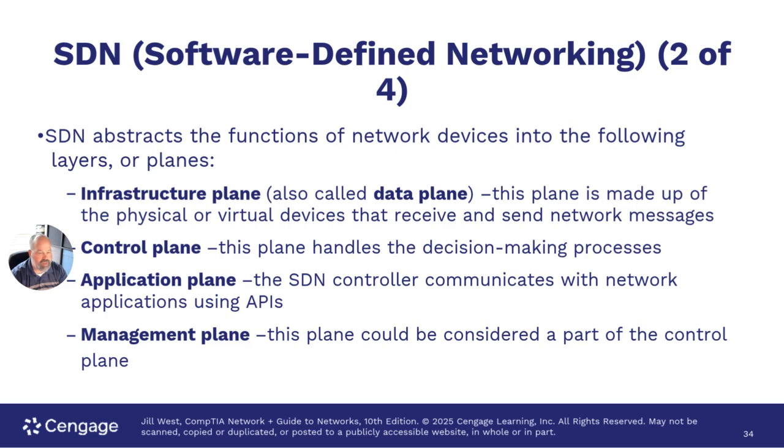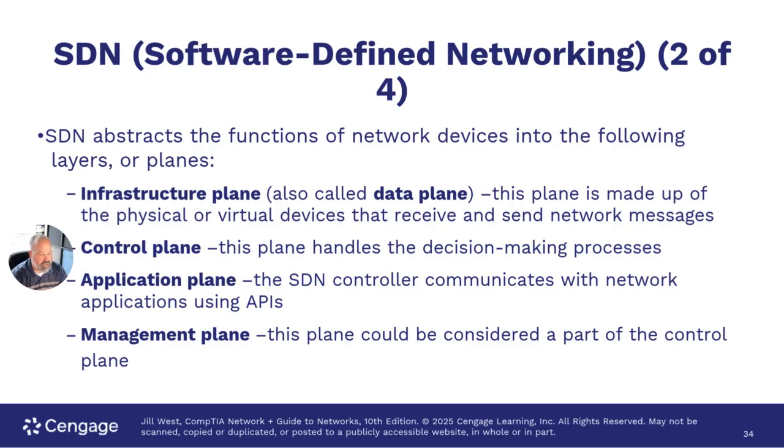SDN organizes network functions into different planes, kind of like organizing a company into different departments. The infrastructure plane, which is the data plane, handles the actual movement of network messages, and that's kind of like the workers on the factory floor. The control plane makes all decisions, which I would equate to kind of the middle management.